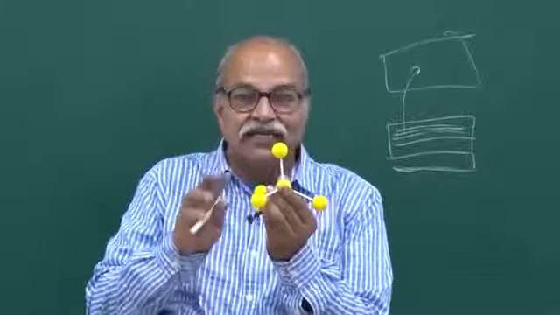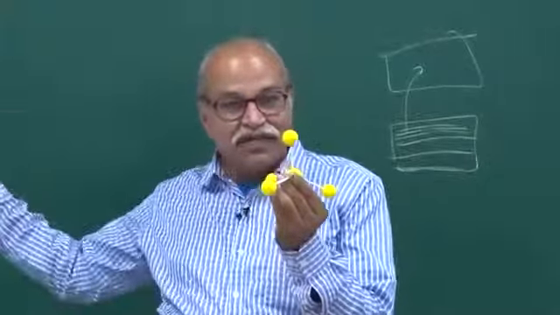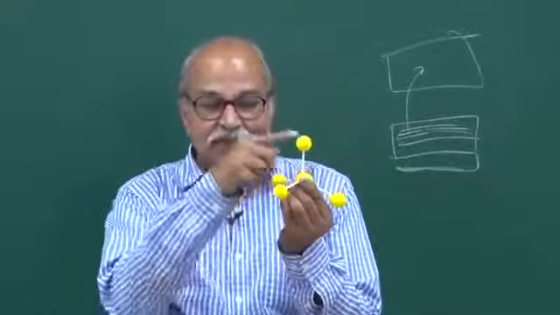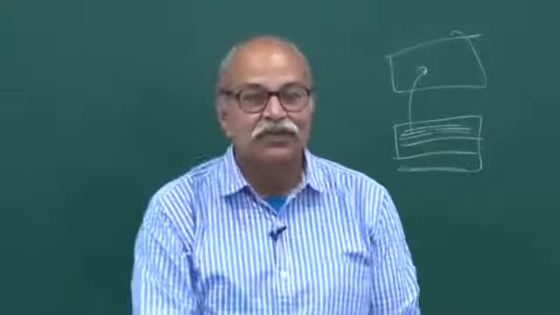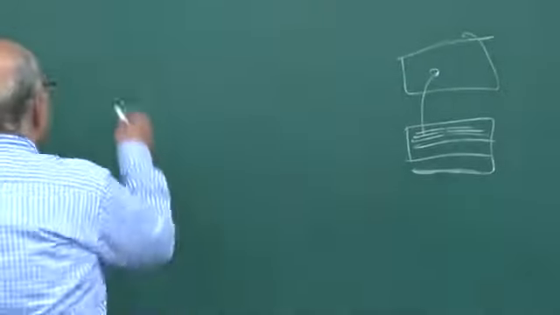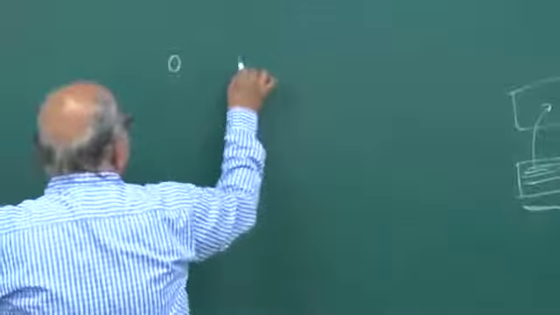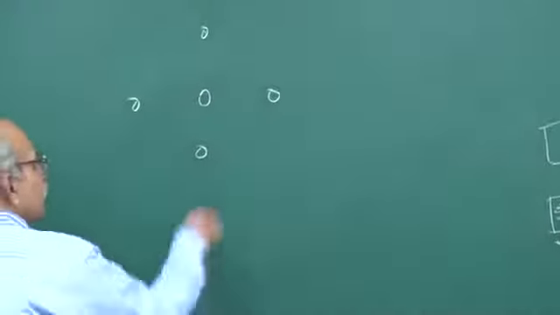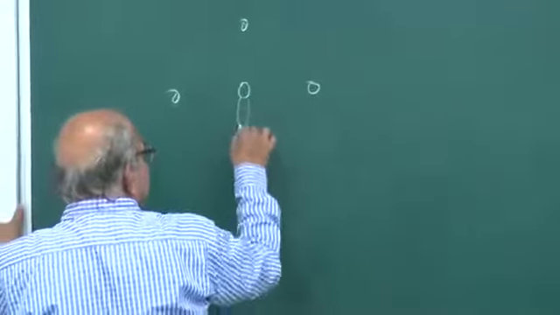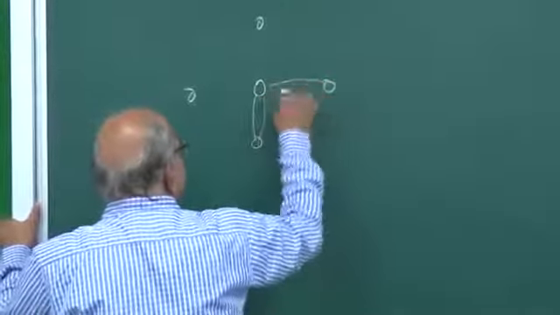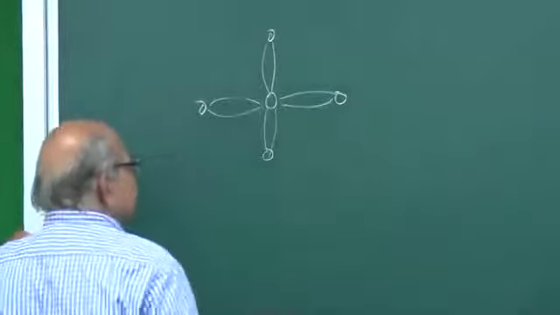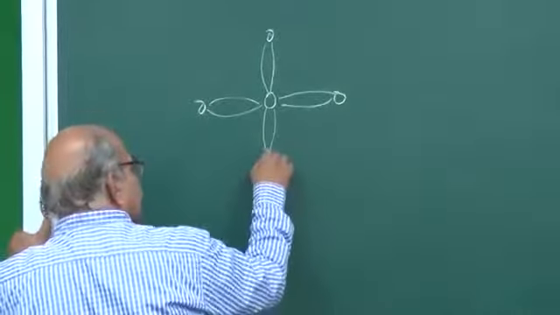If I draw a 2-dimensional picture of this, each silicon is bonded to 4 of them. So for discussion I can draw a picture like this: 1, 2, 3 and 4. So this is bonded. 2 sp3 electrons are here, 2 sp3 electrons are here, 2 sp3 electrons are here, like that. And then this is also bonded to 4 of them.